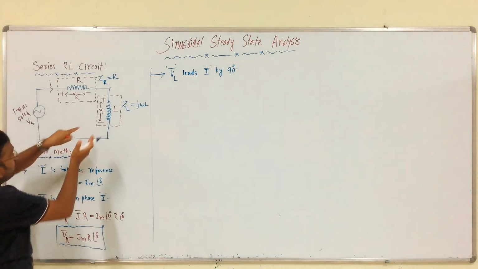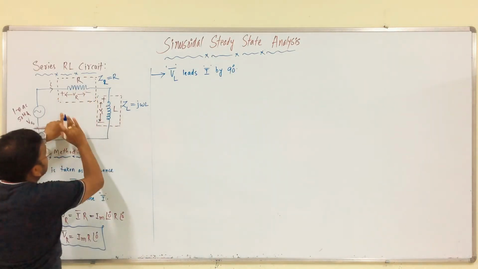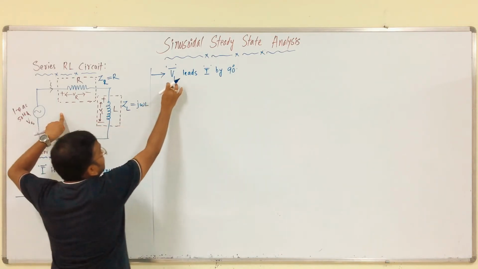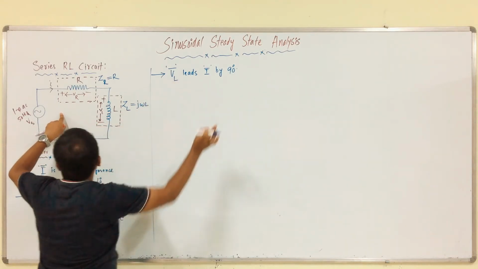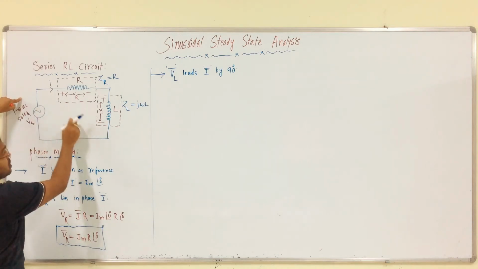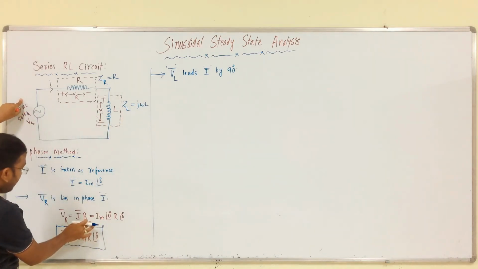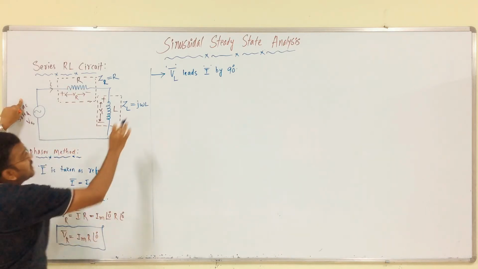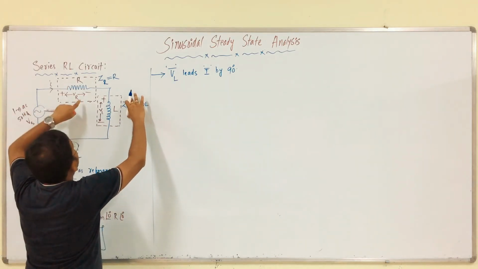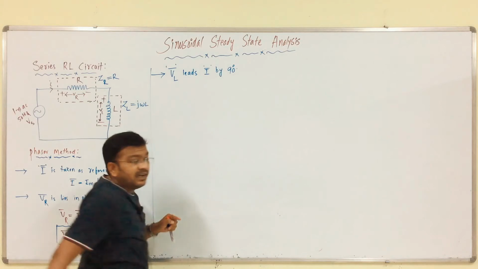If you consider a pure inductive circuit, forget about the rest. We are writing with respect to L only. That is why VL, not the source voltage, the combination of these two, only with respect to VL. Here we have written with respect to R, like that, with respect to L, VL leads current by what? 90 degrees.